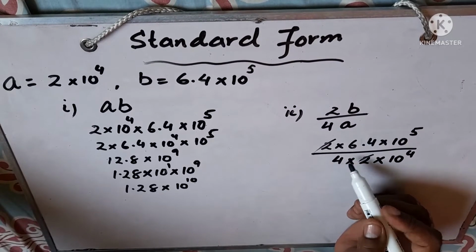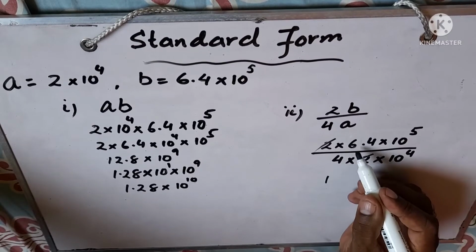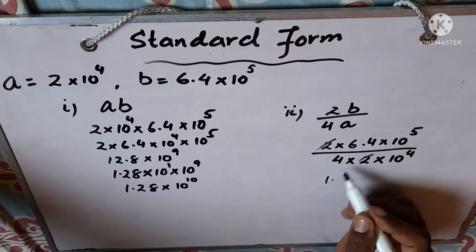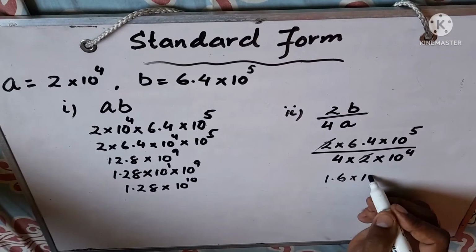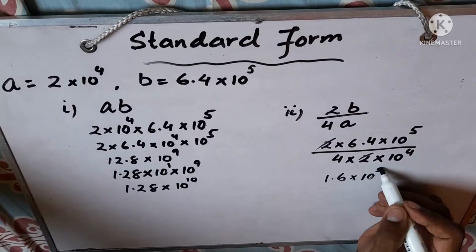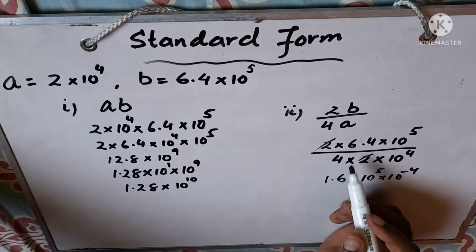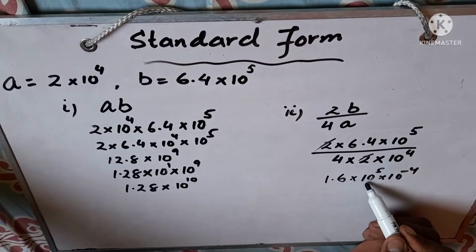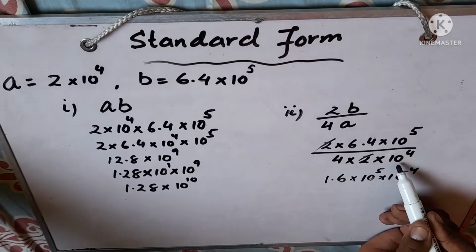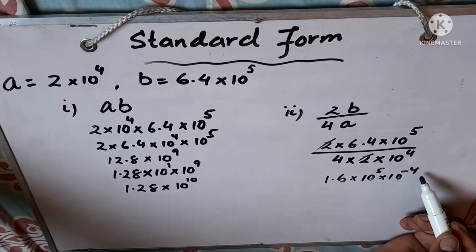Let me do that. 6 times what is 6.4? 4 times 1 is 4. My remainder is 2. 4 times 6 is 24. So 1.6 times 10 to the power 5 times 10 to the power minus 4. Because I have divided my 6.4 by 4, I got 1.6. 10 to the power is already there. When I take my 10 to the power 4 up from the denominator, it will become 10 to the power minus 4.